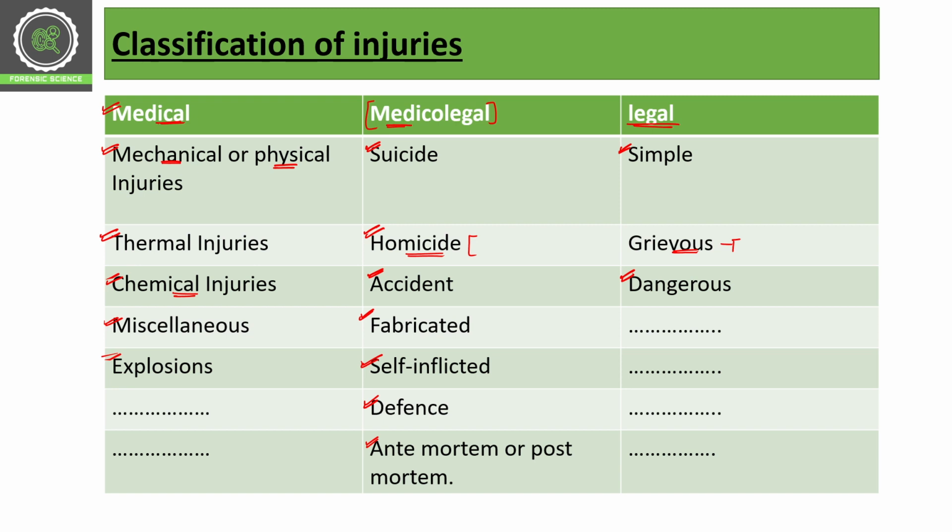Simple and grievous are already required, but dangerous injuries are those for which the person will of course get harder sentencing, because the nature of that injury can have dangerous consequences, whether or not it has actually happened. That's why it is the third category in the classification of injuries. So this is the complete classification of injuries.